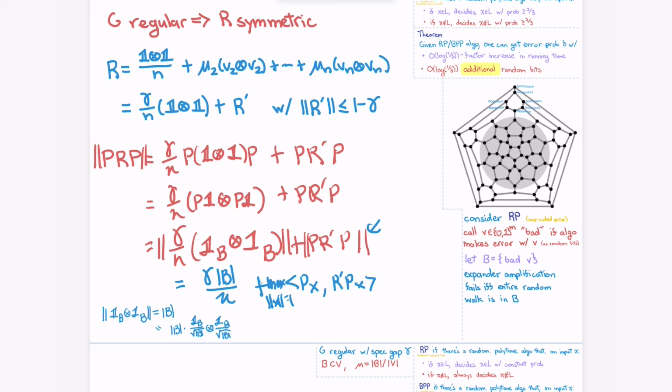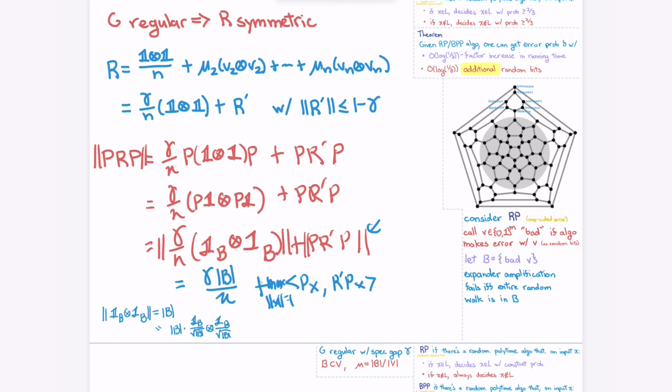If you wanted to make this big, you're probably just going to choose x to have entries on B, because Px would otherwise lose some entries for you. So let's say that x has only support in B and has unit length. The maximum is at most 1 minus gamma, because R prime has all its eigenvalues between negative 1 minus gamma and 1 minus gamma.